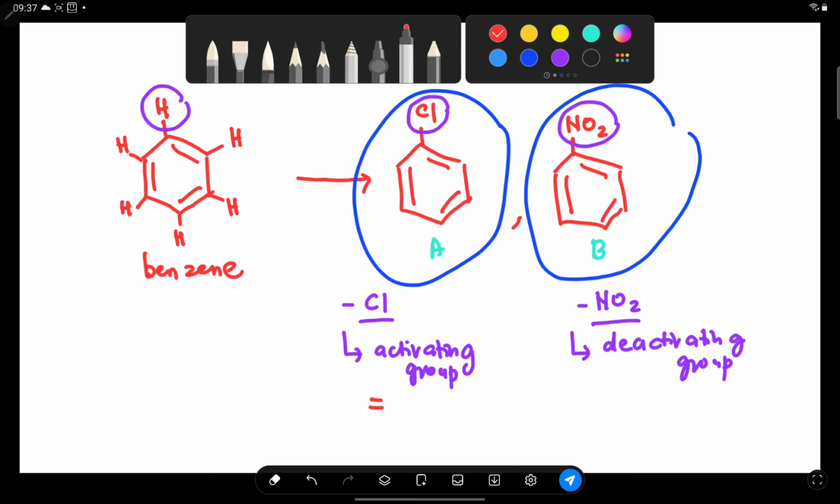Activating group, what is the function of the activating group? An activating group will donate the electron to the benzene ring.